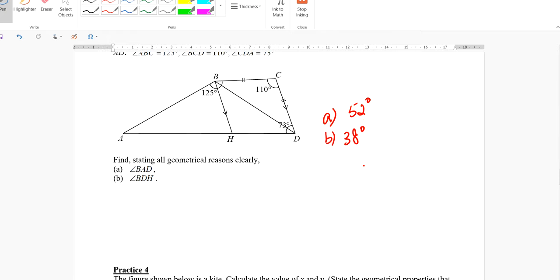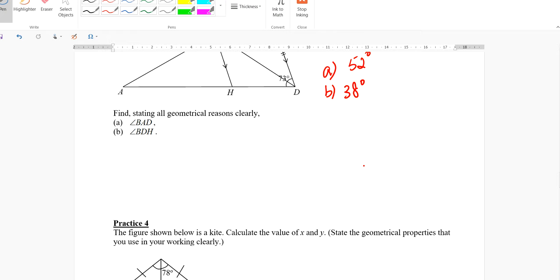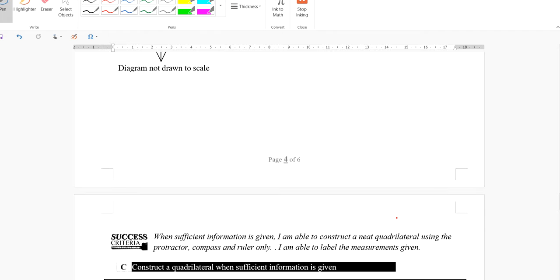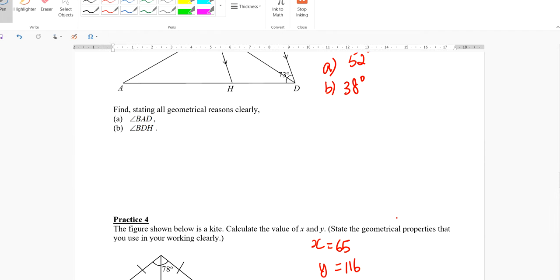There's your practice 3. And for your practice 4, your angle x is 65. Your y is 116. Okay, give it a try now. You should be able to do it. Okay, give it a try.